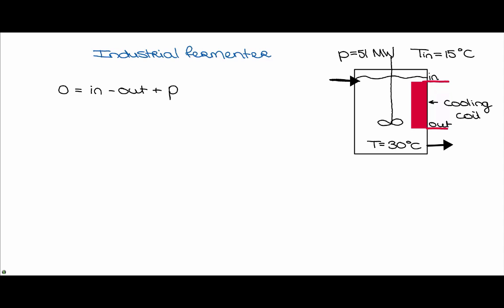So if we know this, and we know that the stream of water that cools the fermenter is VW, then we get P is out minus in, which is VW times the density of the water times the heat capacity of the water times the temperature of the water that flows out of the cooling coil minus the temperature of the water that flows into the cooling coil, so that's 15 degrees Celsius.